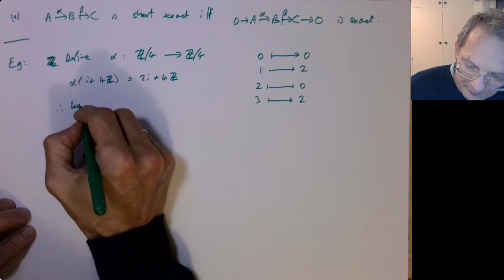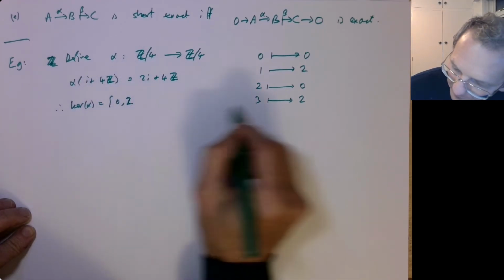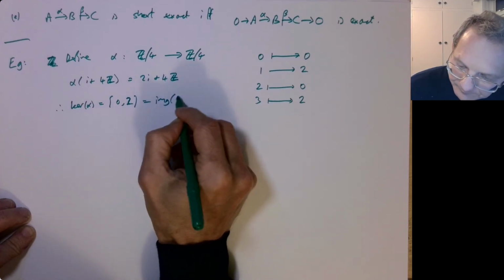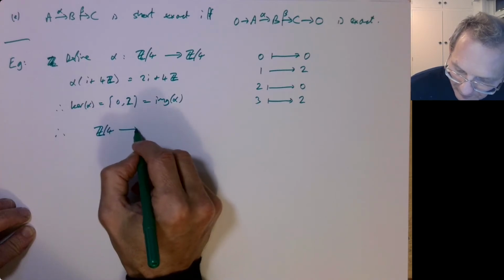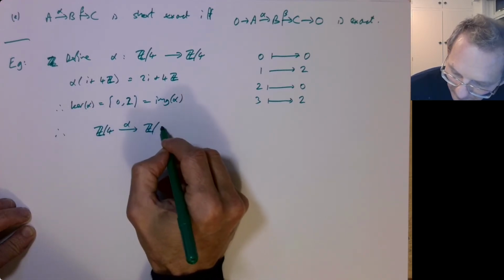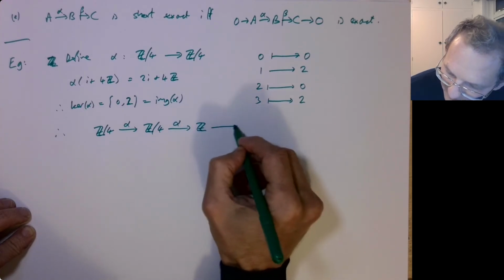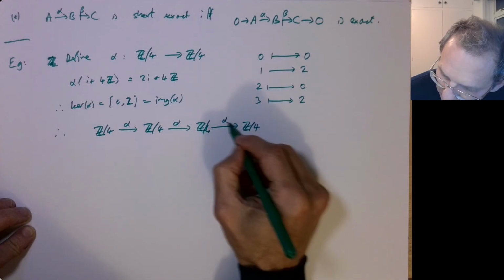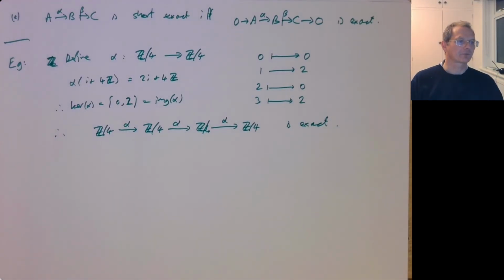So we find that the kernel of alpha consists of 0 and 2. Those are the only things that get sent to 0. So that's the same as the image of alpha. And so we see that we can do this thing again where we just do this alpha repeated endlessly. And that's again an exact sequence.